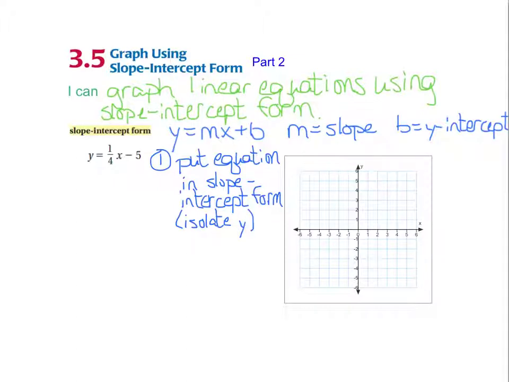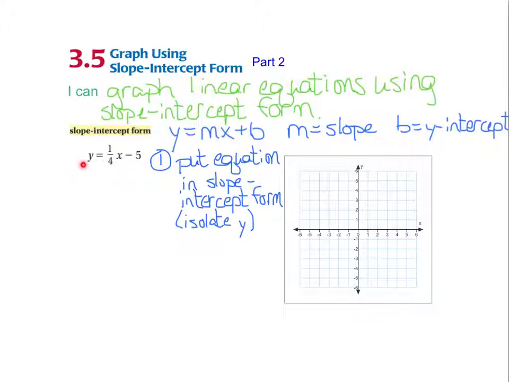We want y isolated. We've been doing this since the end of Chapter 2, where they gave us an equation. At the time, we didn't know it was a linear equation, and they told us to isolate y. That's why we started that way back then, because we needed to do it now.